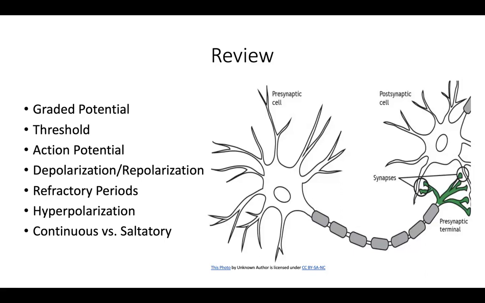Once you have a large enough graded potential that reaches that, now you've activated an action potential. Once that action potential is initiated, all of those voltage gated sodium channels open and you have a rapid influx of sodium into the cell until you hit that peak +30, +40 millivolts peak value range.